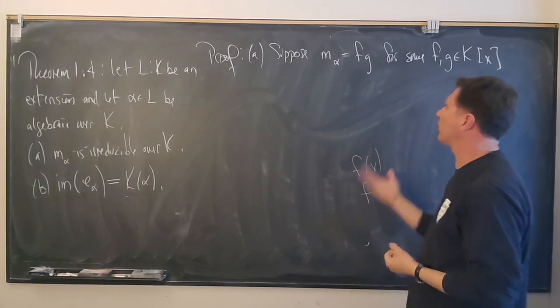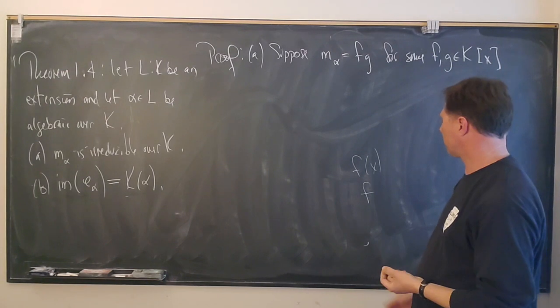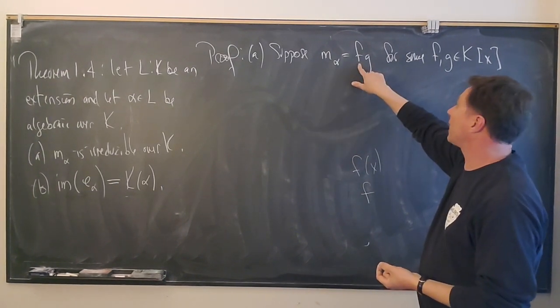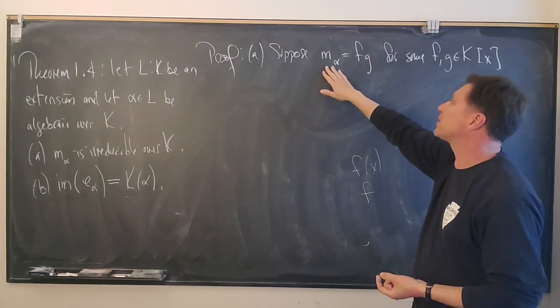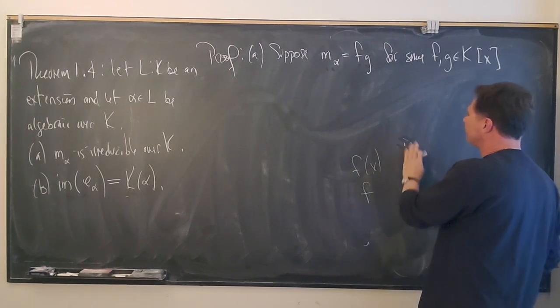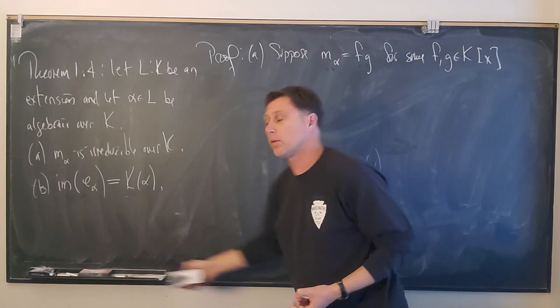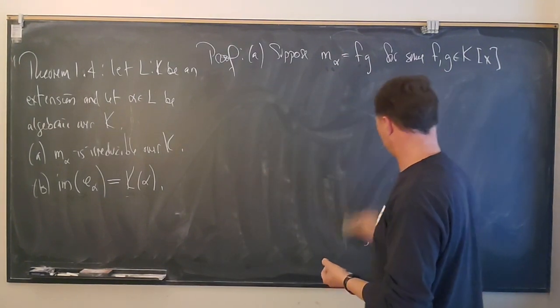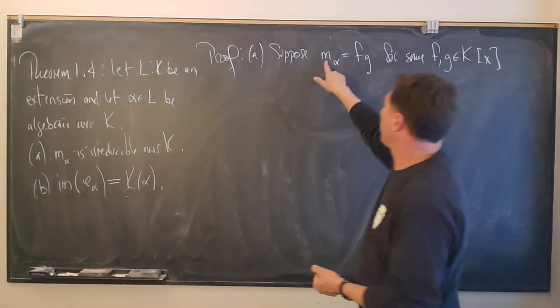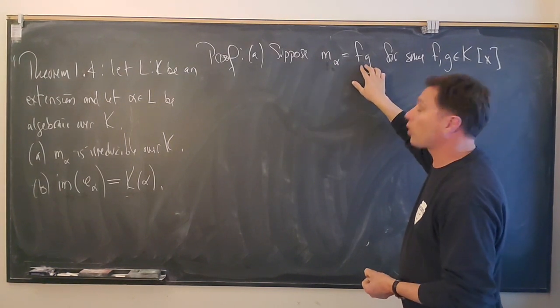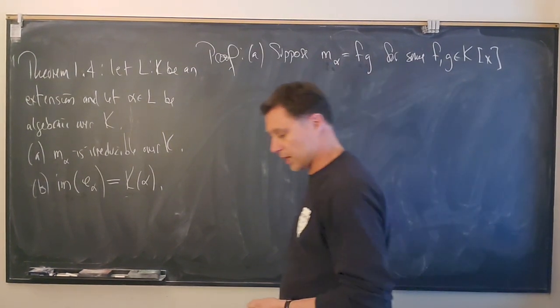In this book, they're a little bit more correct in just writing the name of the function here. We drop the reference to the variable in our polynomials here. So suppose the polynomial m sub alpha factors as the product of these two polynomials, f times g.